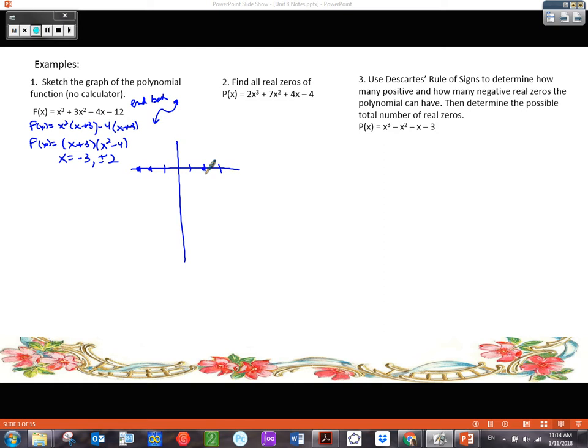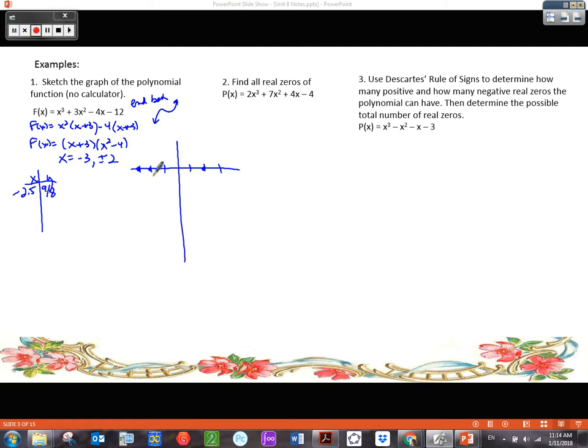Alright, so the points that I'm required to find are the points that are exactly between the zeros. So let's do a little t-chart over here. I need to know what negative 2.5, I need to know that y value. So let's plug in negative 2.5 in our original problem, and we get 9/8.